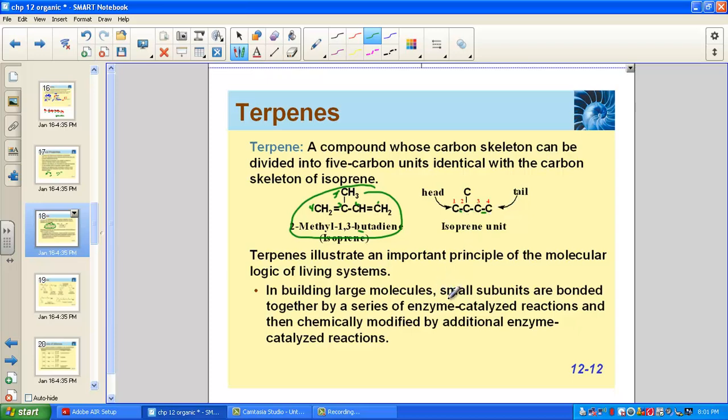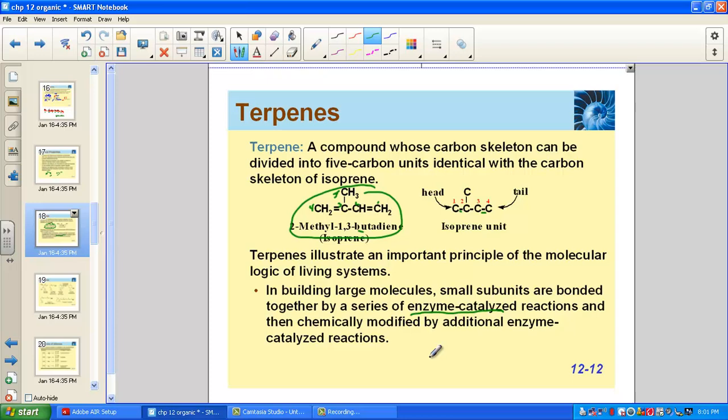What we begin to see is that these monomers come together head to tail to build quite large polymers that give us very large molecular structures found in living systems. We understand that when we're building large molecules, the simple subunits that are bonded together are always controlled by enzyme-catalyzed reactions. Enzymes usually will increase the rate of reaction, although sometimes they can be used to decrease the rate of reaction.